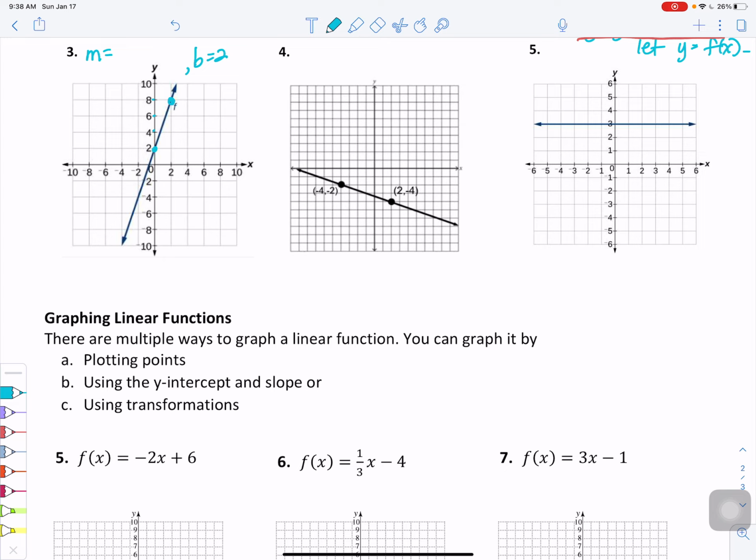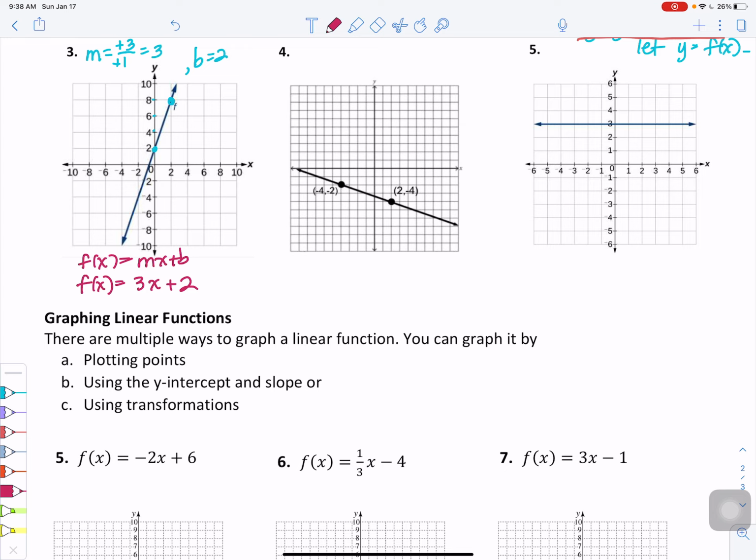So we go up 3 to the right 1, and of course, that's equal to 3. Now let's write f of x equals mx plus b and fill those in. Our slope is 3 and our y-intercept is 2.